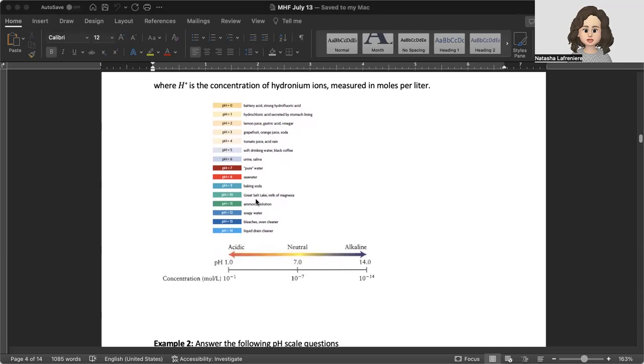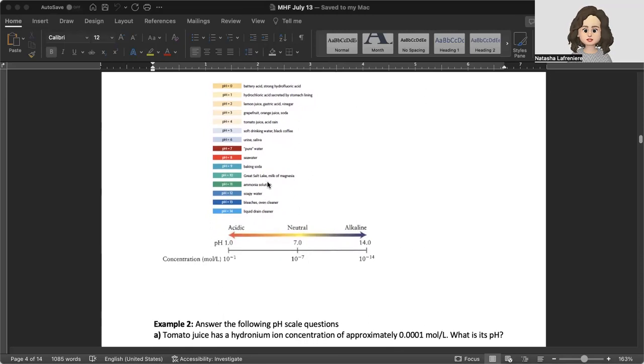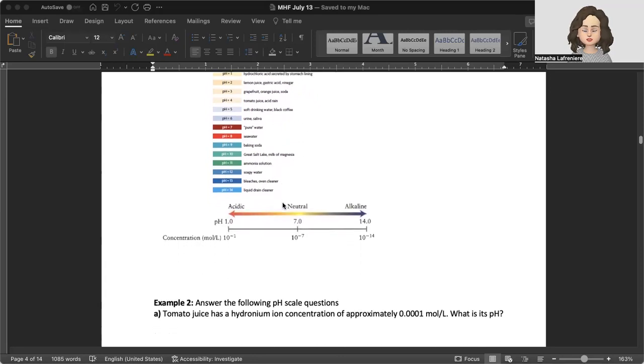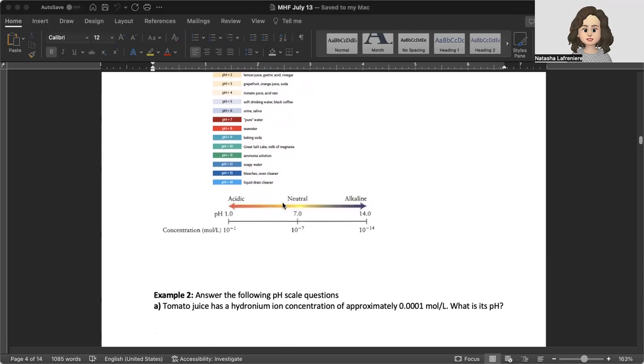Baking soda is 9. Great Salt Lake and milk of magnesia is 10. Ammonia solution is 11. 12 would be soapy water. 13 would be bleaches and oven cleaners. And then 14 is liquid drain cleaner.